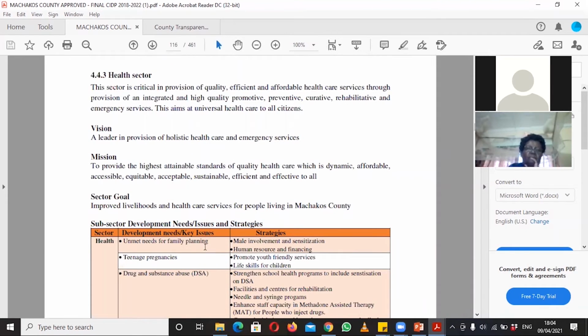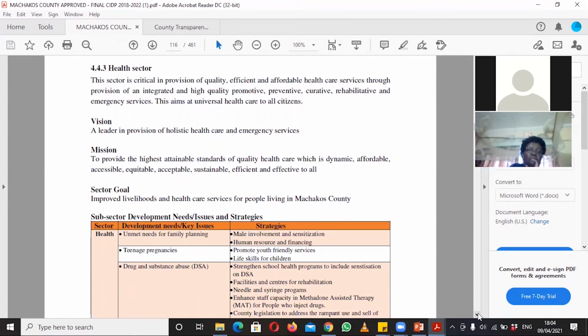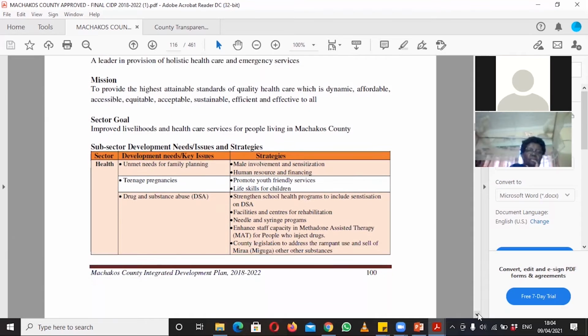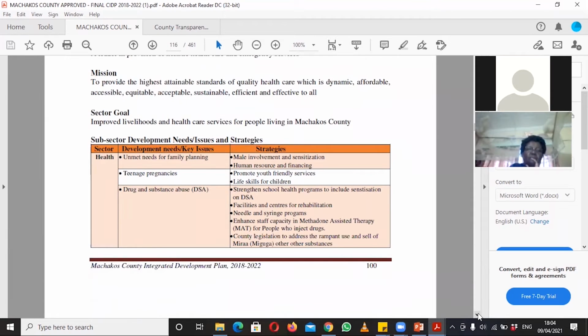So they started by telling us that one of the needs they foresaw that needs to be addressed is unmet needs for family planning. So the strategy is male involvement and sensitization, and human resource and financing. And also to alleviate teenage pregnancy, they say they want to promote youth-friendly services.